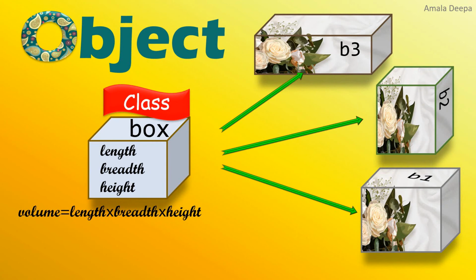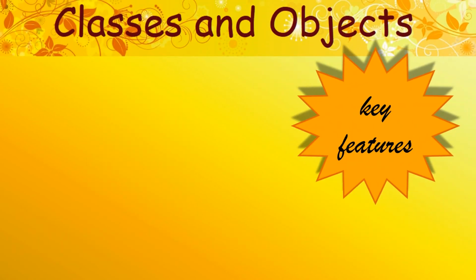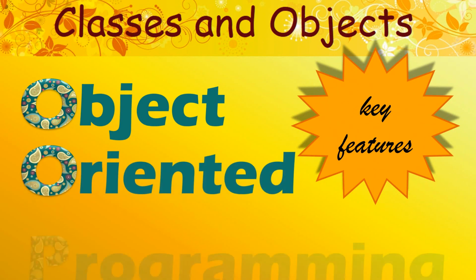Therefore, class is a template for the object. From this illustration, it must be clear to you that objects are created from the class, which means you have to define a class and then from the class you have to create the objects. So we can conclude that classes and objects are the key features in object-oriented programming.